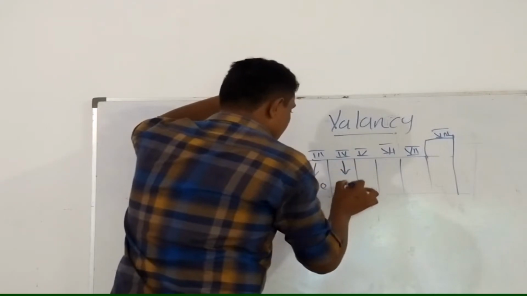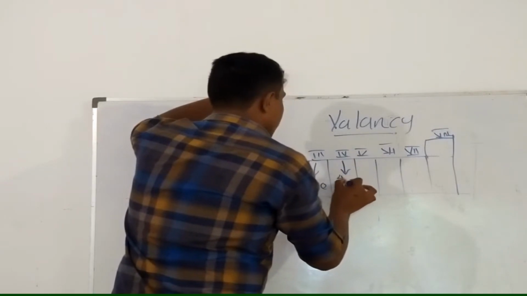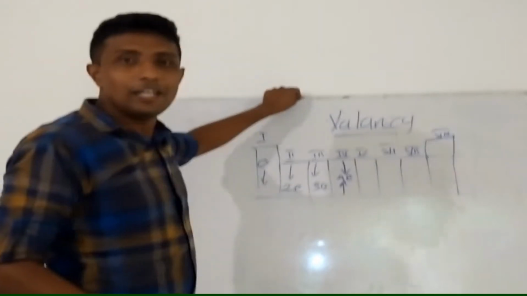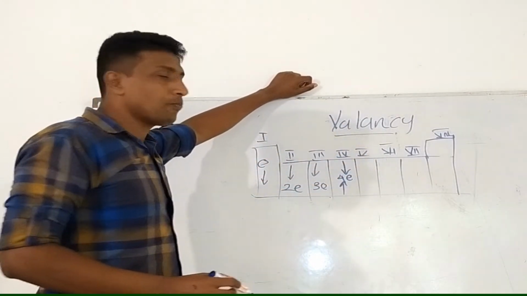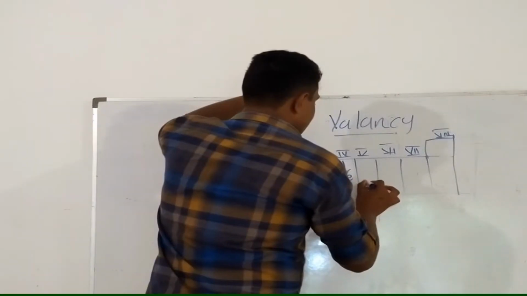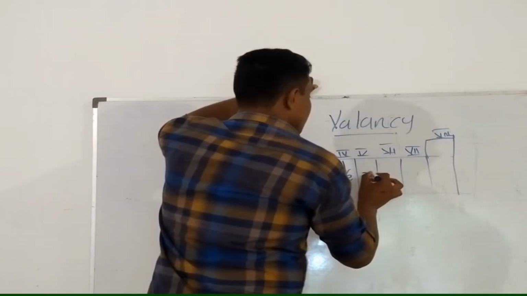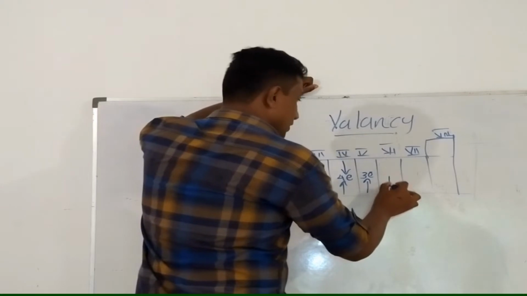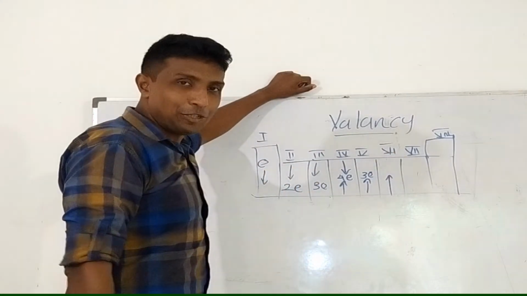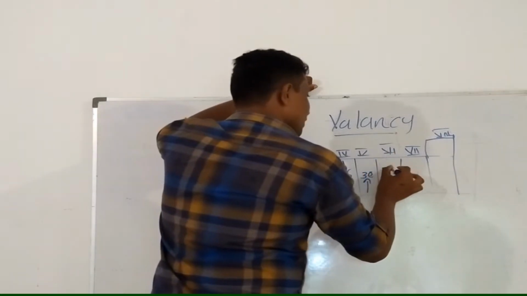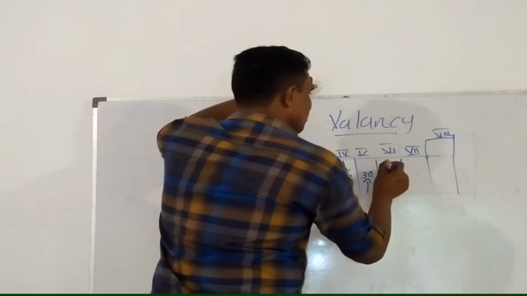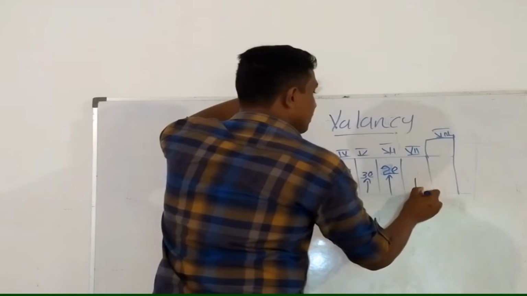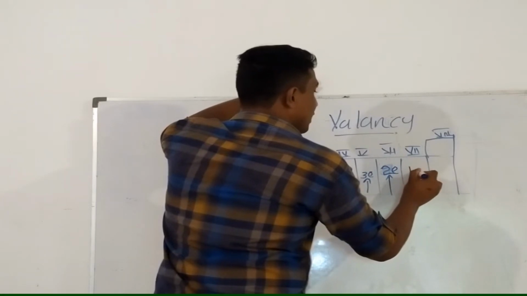They love to give or take 4 electrons. Then we come to the 5th group: oh yes, give me 3. And the 6th, give me 2. And this one, give me 1 electron.